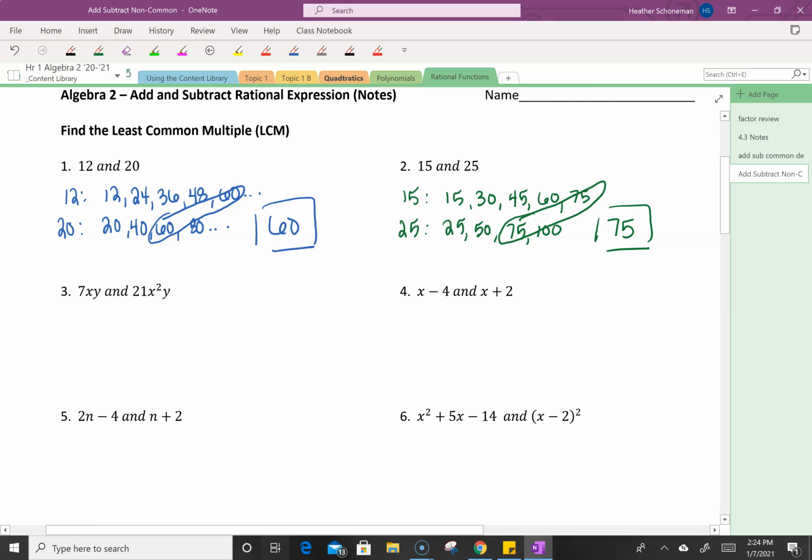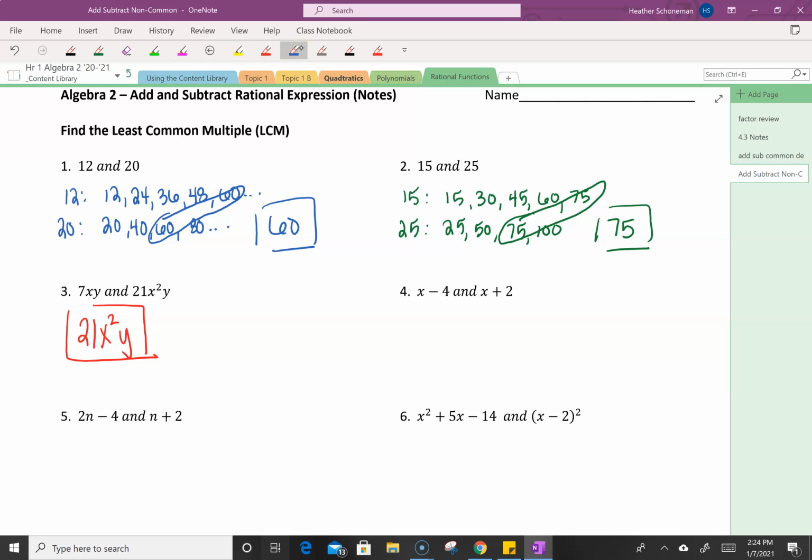So the least common one would be 21. Now with the variables, we want everything included. The first one has 1 x and the other has 2 x's. Greatest common factor, we take the least. Least common multiple, we're taking the most. I have to include everything, so there has to be 2 x's. They both have 1 y, so I just have 1 y. That would be my least common multiple.